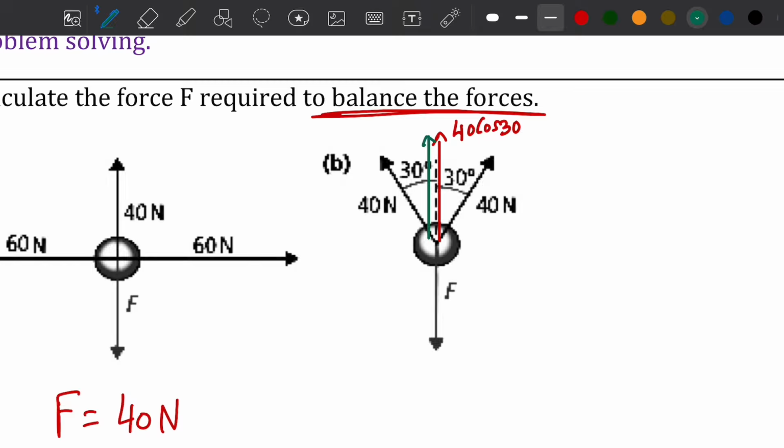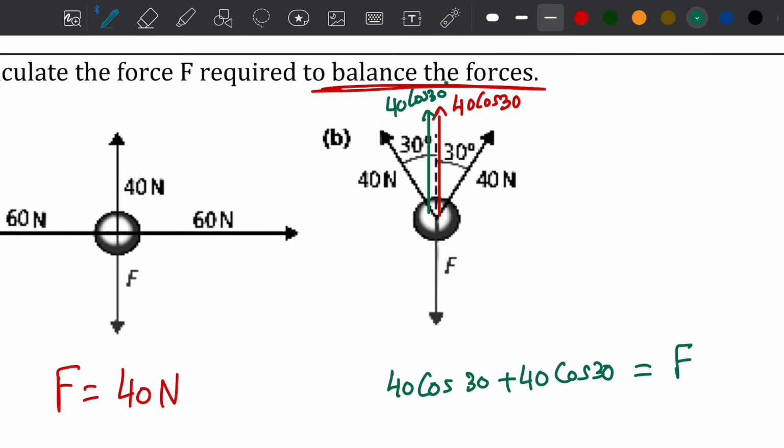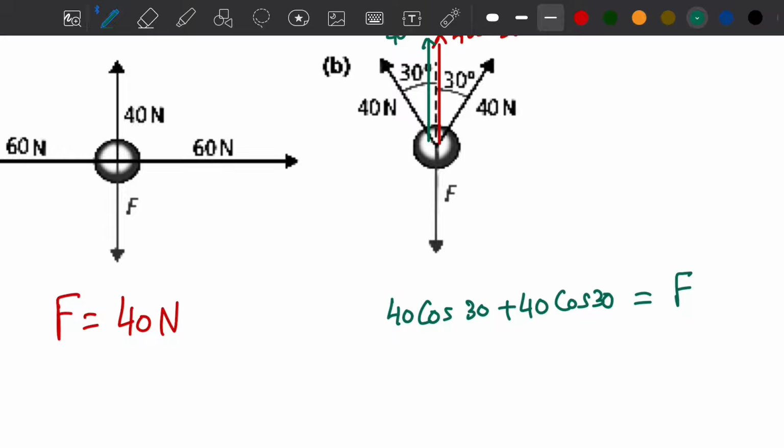That will also be 40 cosine 30. And these two forces together, 40 cosine 30 plus 40 cosine 30, they balance out the downward force. If we calculate this, we will get 69.28 Newton downwards. This is also downwards.